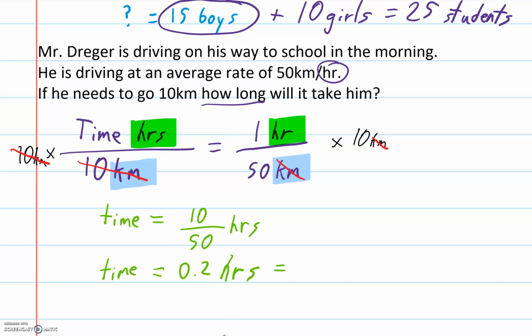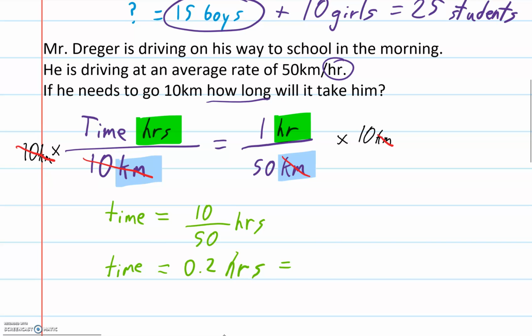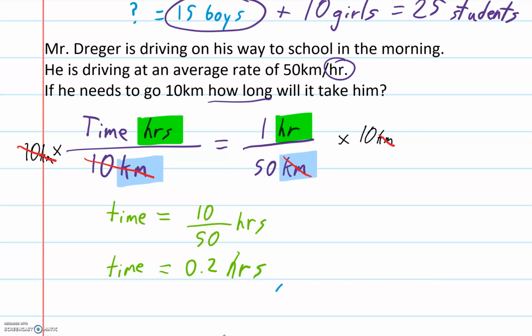If you wanted to convert that into minutes, again, this would be in the unit conversion area, but you can just multiply it by, in this case, I'll just tell you, multiply it by 60. So let's write that here. Multiply by 60 minutes per hour. Actually, let's just write this like this.